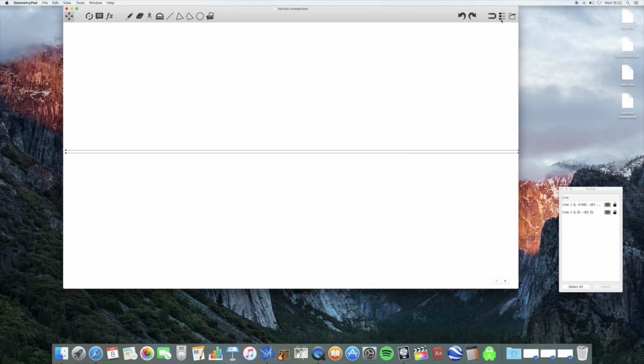So if the top line was, let's put it in the middle sort of roughly, yeah. So if that was eye level, exactly eye level, that's where the horizon would be. So that's eye level and that's the horizon.